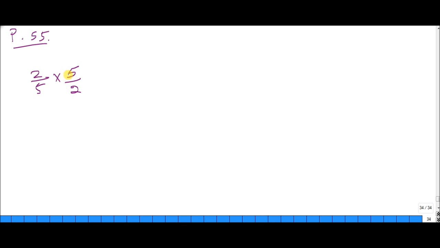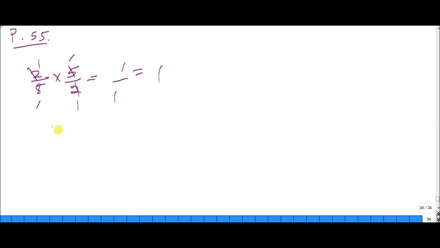So some people say it's flipped or it's inverted, right? But the rule is the reciprocal: any fraction multiplied by its reciprocal will give a product of 1. So here we have 5 into 5 one time, 2 into 2 one time. 1 times 1 is 1, over 1 times 1 is 1.